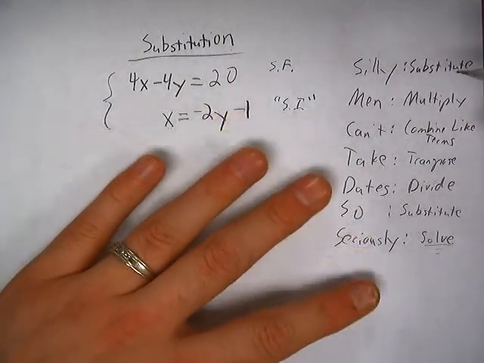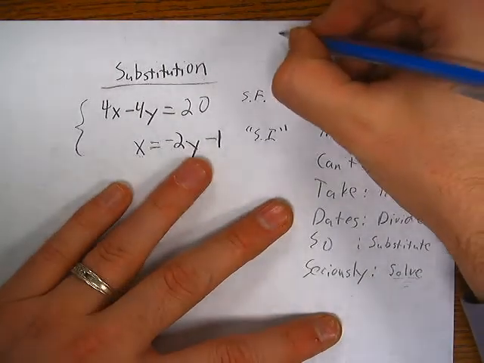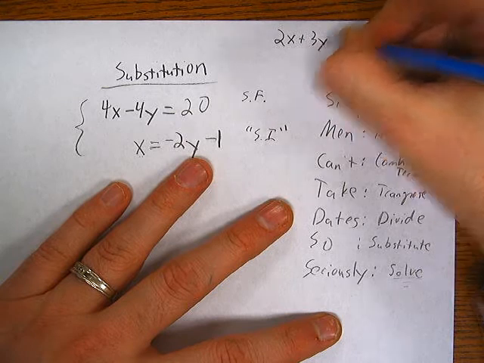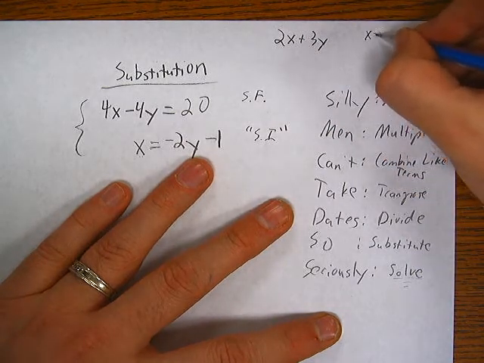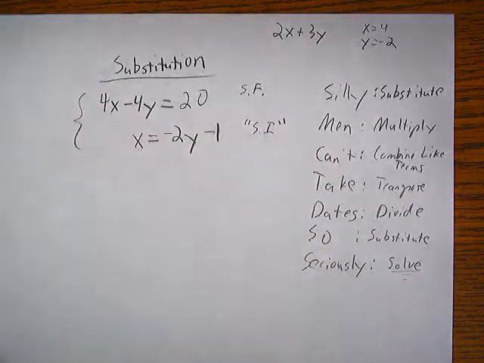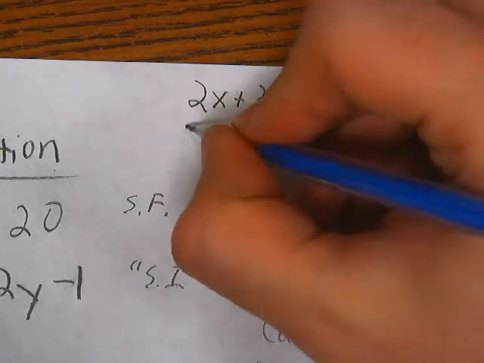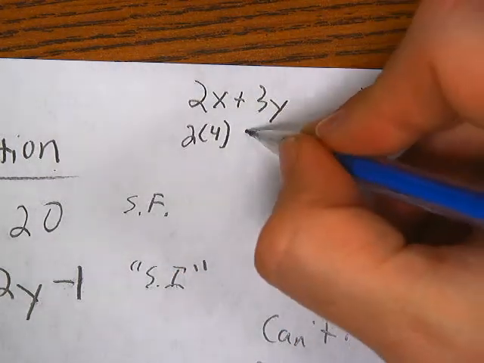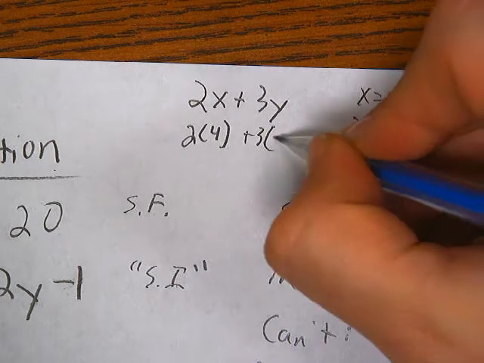For example, you may have done something like this, where you had 2x plus 3y, and they told you that x equals 4 and y equals negative 2. Well, you replaced the 2x and 3y, you said 2 times 4 plus 3 times negative 2.